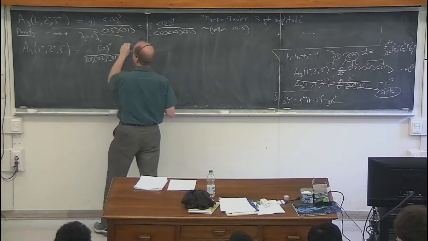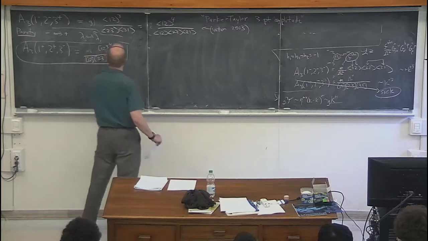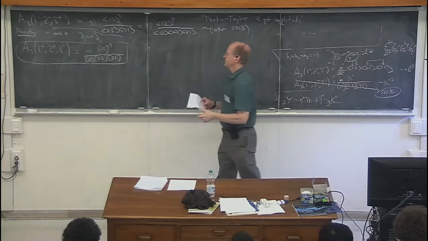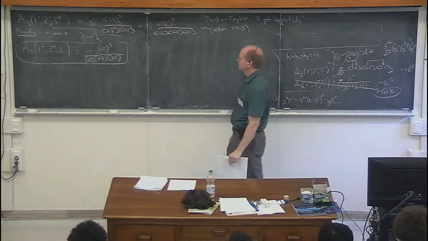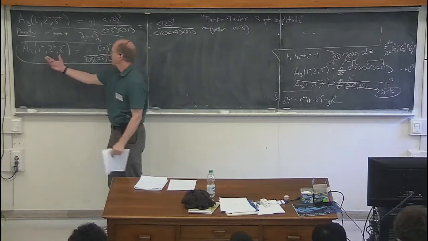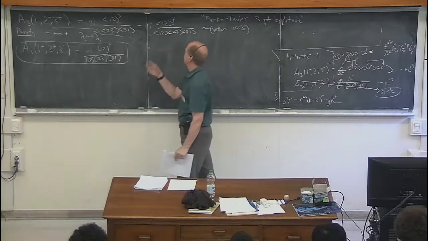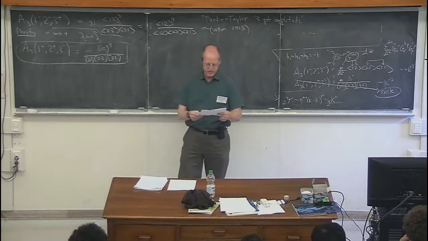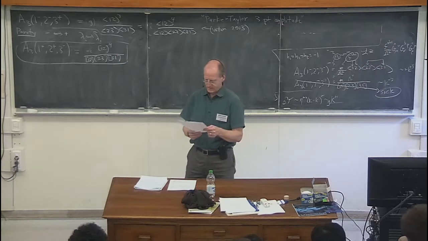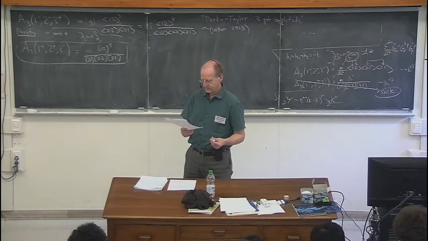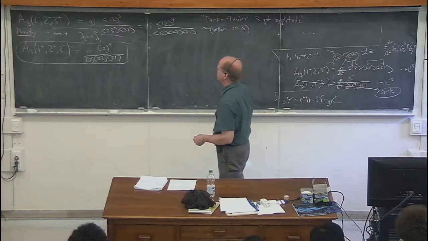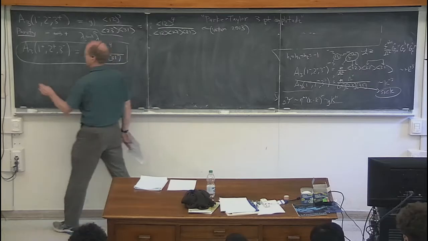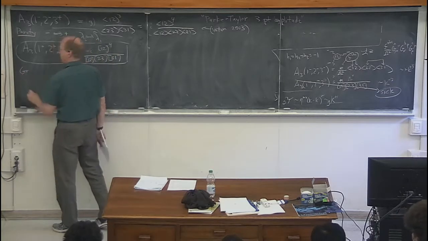So the formula for the other helicity case, with 2 pluses and 1 minus, has exactly the same form, but the angle brackets and the square brackets have been exchanged. Any questions about that?